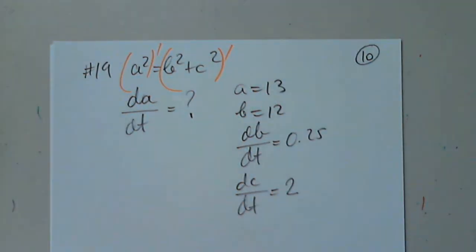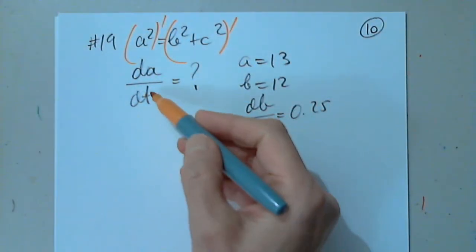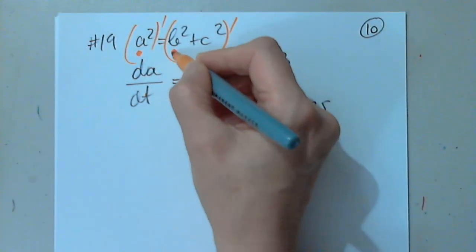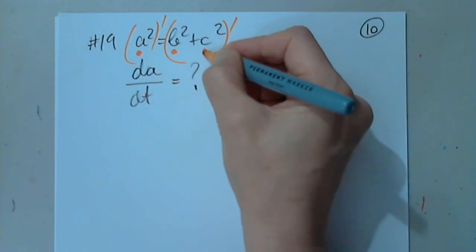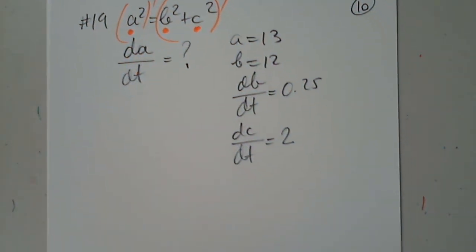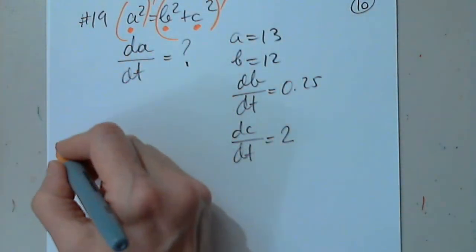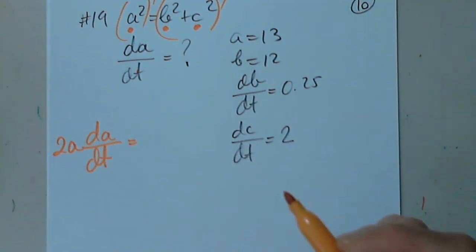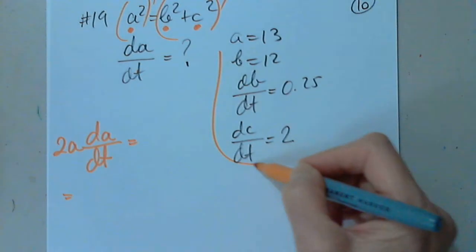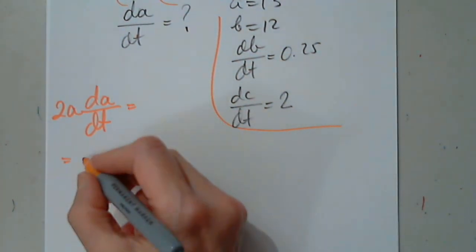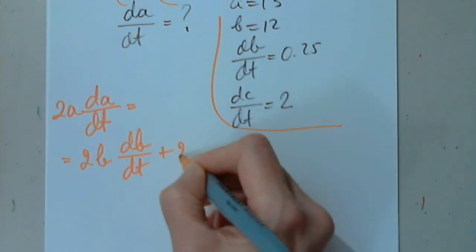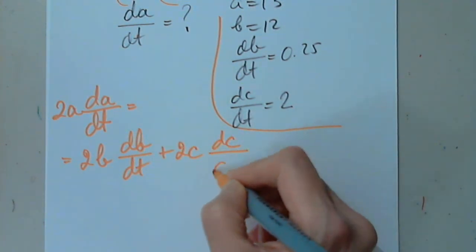So all we have to do is differentiate. Obviously, this says that a is a function of t, b is a function of t, and c is a function of t. That's why I put a dot under each. So 2a dA over dt equals 2b dB over dt plus 2c dC over dt.